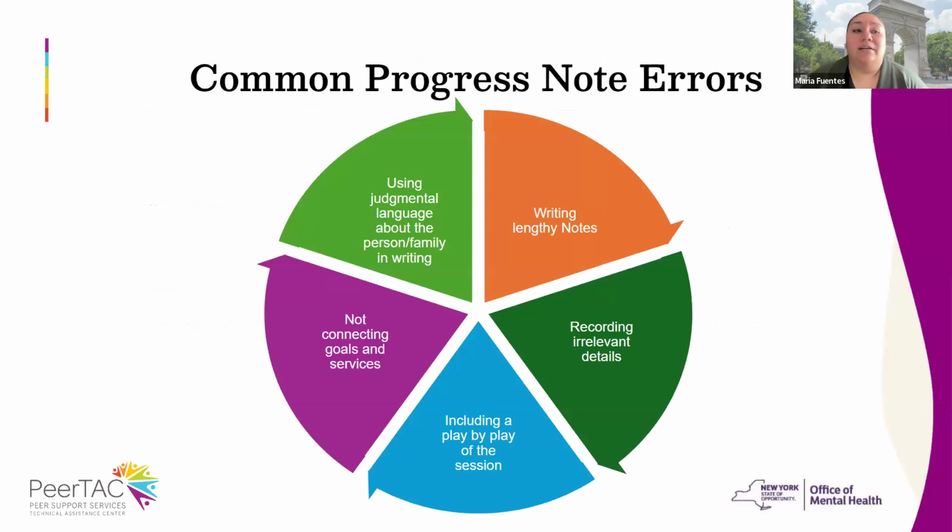Some common progress note errors. These are things that happen, right? Writing lengthy notes, writing every single word the person tells us because we think that it's important. I'm not going to deny some of it is very hard to put aside, right? We want to tell the whole story of what happened during that session, during that one-on-one with the person or the family that we're working with.